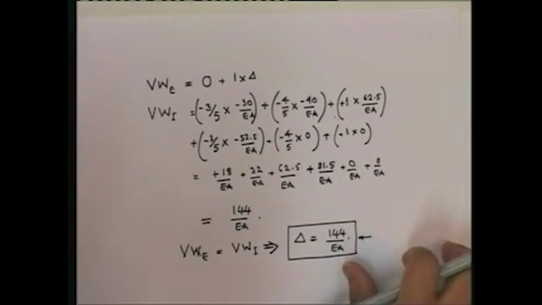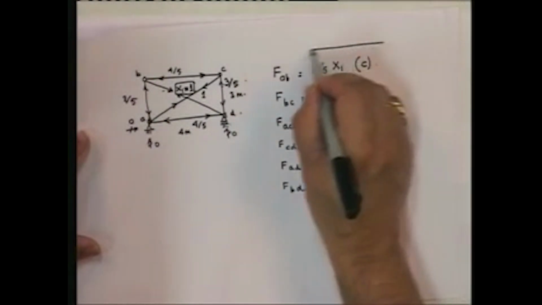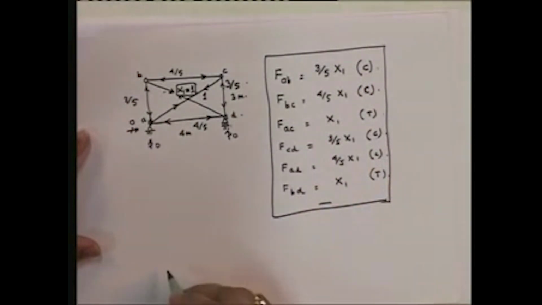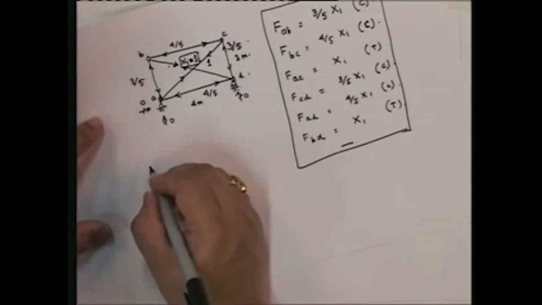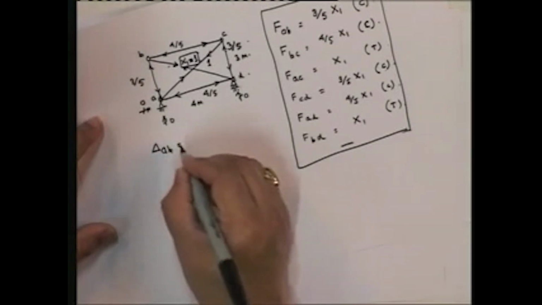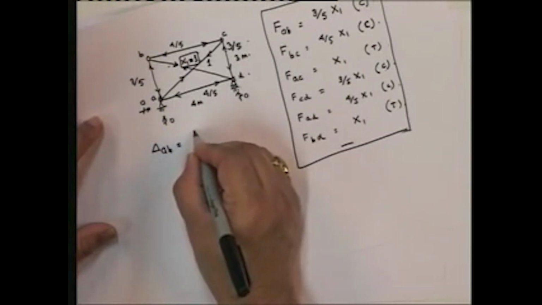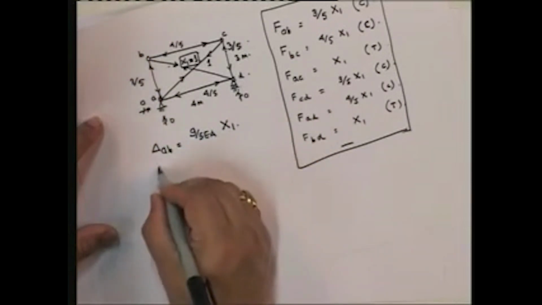So once we have found out the delta here, to find out the delta over here due to force x1, note that these are now the real forces. For these forces, we need to find out the real deformation. Real deformation: delta AB, note that I've already done this, 3 into 3, so this is going to be 9 by 5 EA x1.